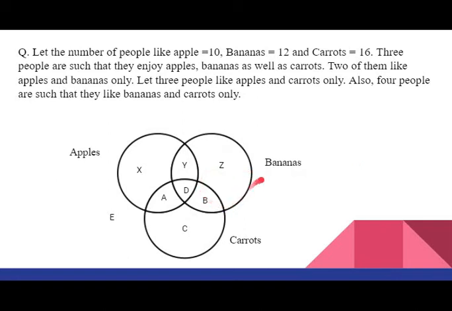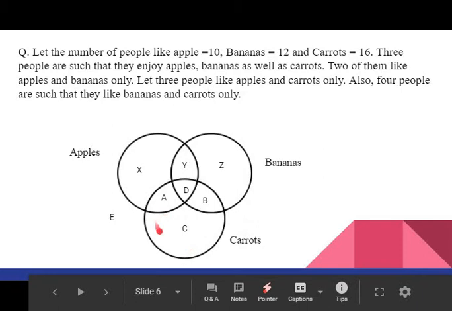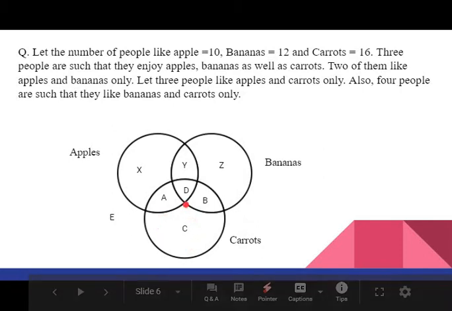Let us understand the value of each variable assigned to the particular area. In this area, x represents the number of people who like only apple, and in this area, z represents the number of persons who like only banana, and in this area c represents the number of people who like only carrot.